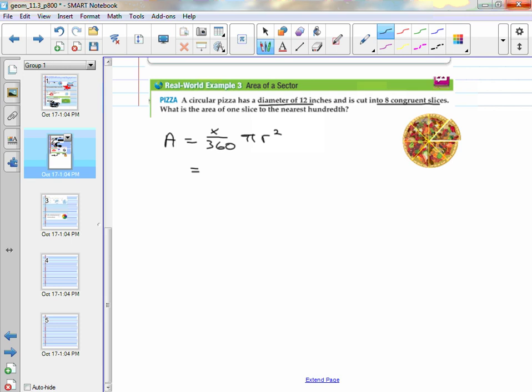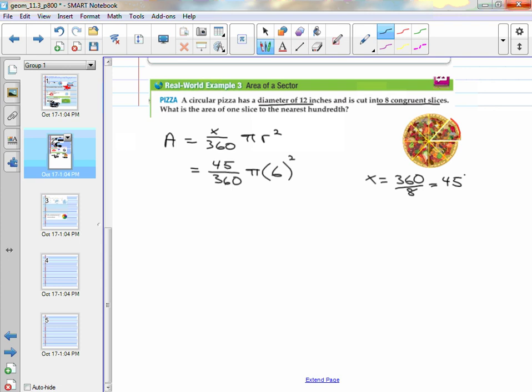How can I figure out how many degrees I have for one of those? 360 divided by 8. What's 360 divided by 8? 45 degrees. 45 out of 360 times pi times, what's the radius?